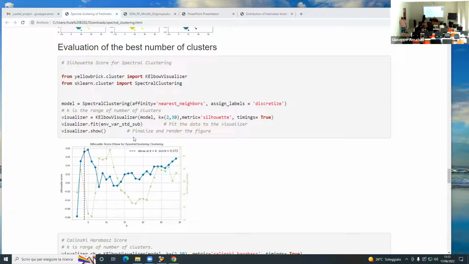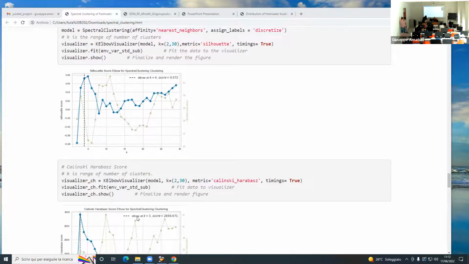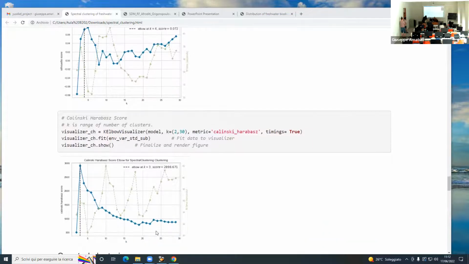So yeah, I ran these two graphs multiple times, and the result changes a bit when you run it multiple times. The first time, both say 3 clusters is the best, and here you can see the silhouette says 4, and the Calinski-Harabasz says 3.